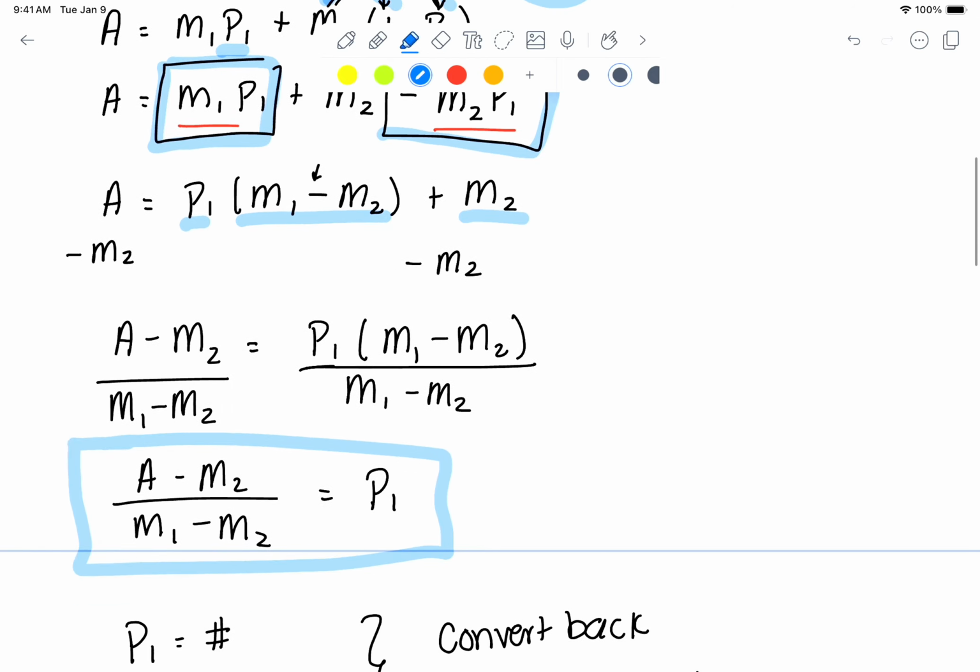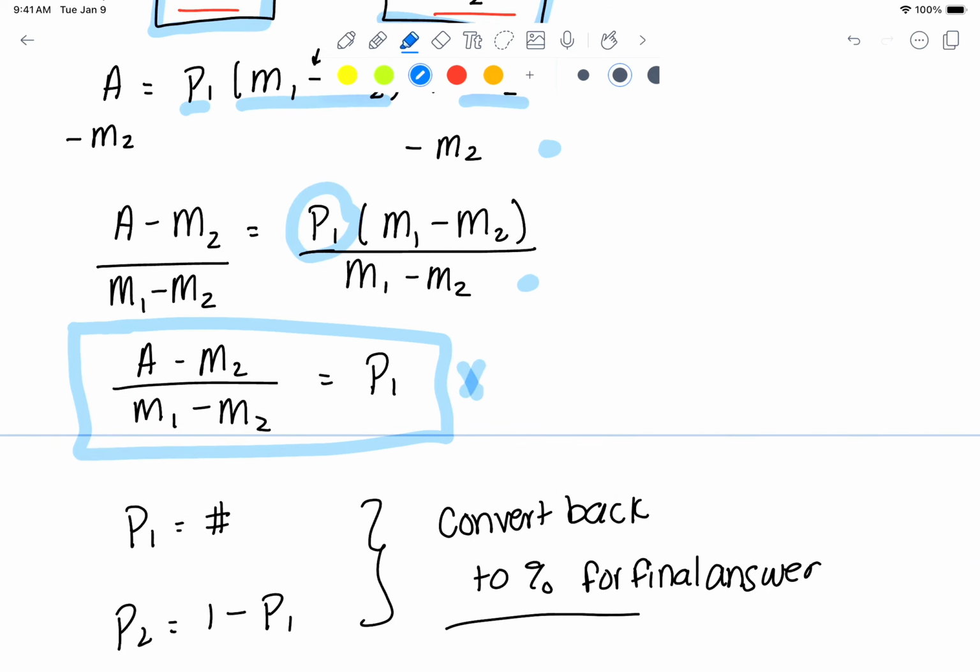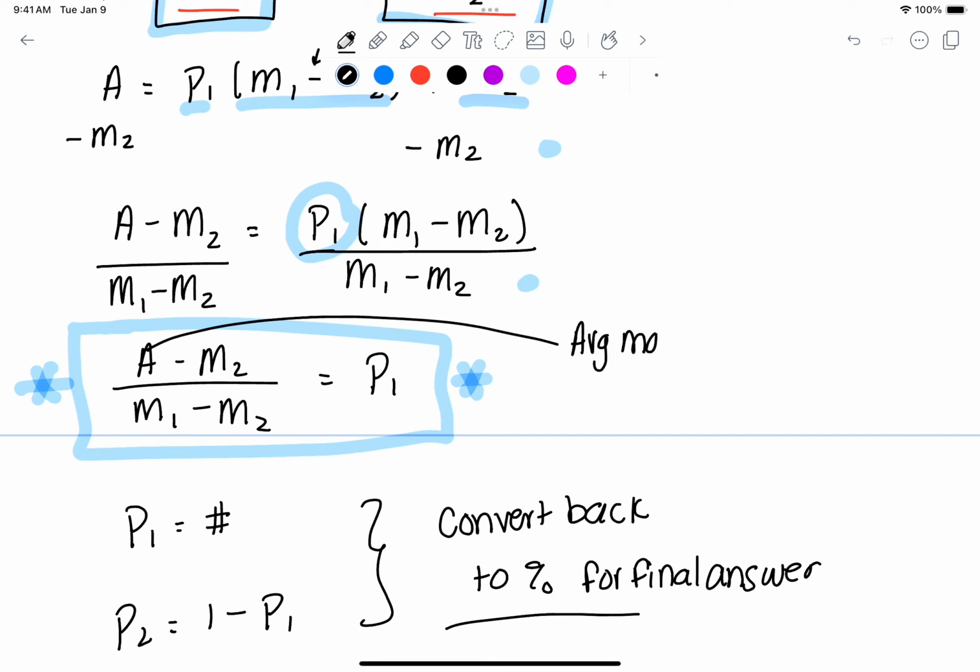So we subtracted both sides by M2, then divided both sides by M1 minus M2 in order to isolate P1, and that's how we get our final answer of P1 is equal to the average mass minus the mass of the second isotope divided by the mass of the first isotope minus the mass of the second isotope. And remember, this average mass comes from the periodic table.